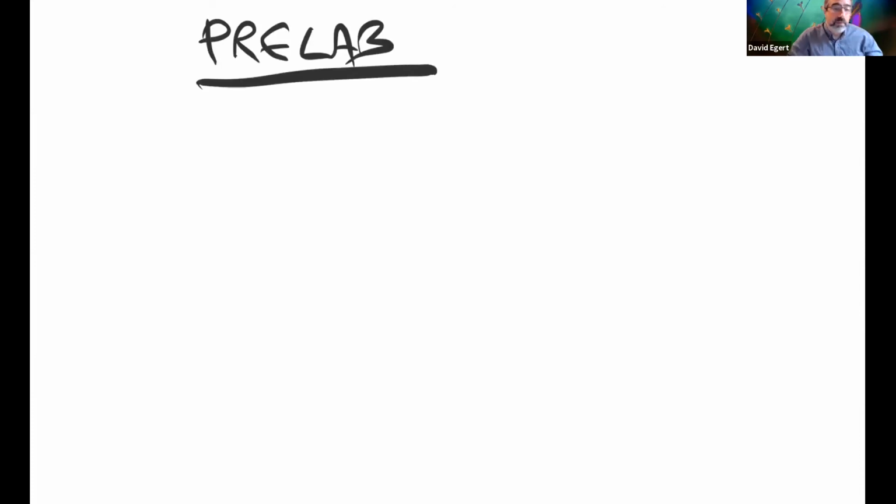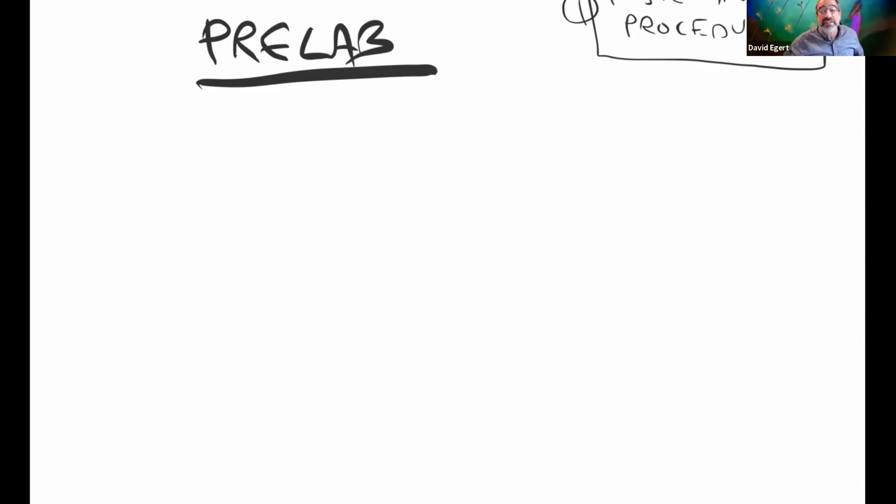So, pre-lab. First you're going to paste in the procedure. This is the first thing you're going to do in your lab notebook, after your discussion for the chemistry lab.